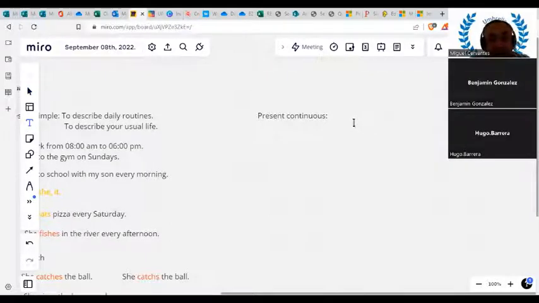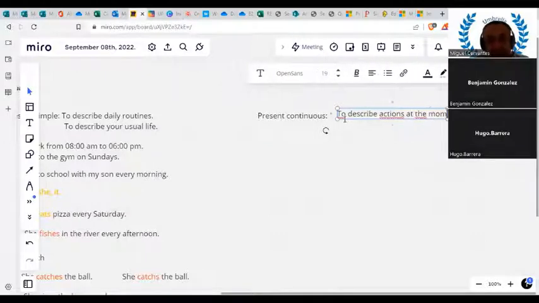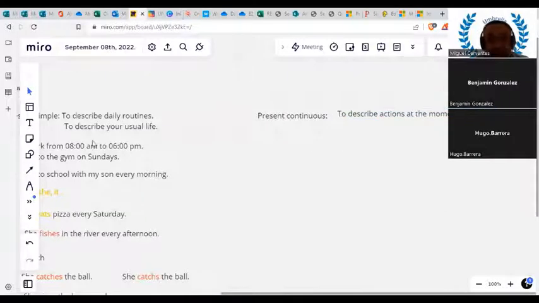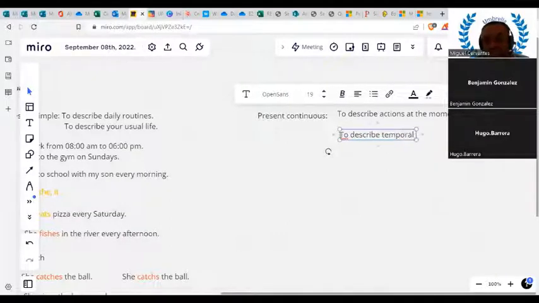When you are doing an activity in this moment. Very good. To describe actions at the moment of speaking. That is one use. Another use is to describe temporal actions.